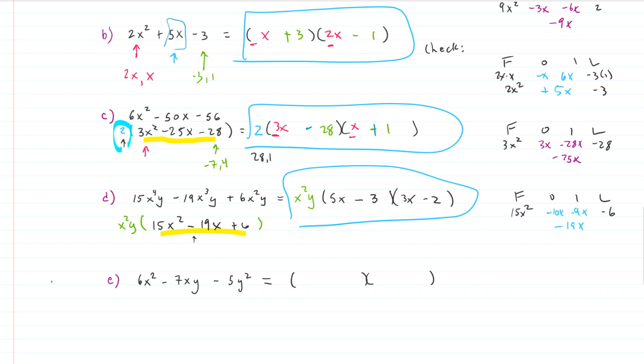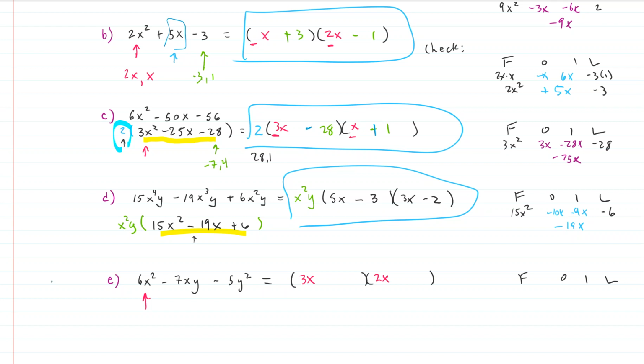Let's do our double set of parentheses. We'll bring up our foil so we can check it afterwards. And again, we know that the first 2 terms are associated with 6x squared. So 3x and 2x.